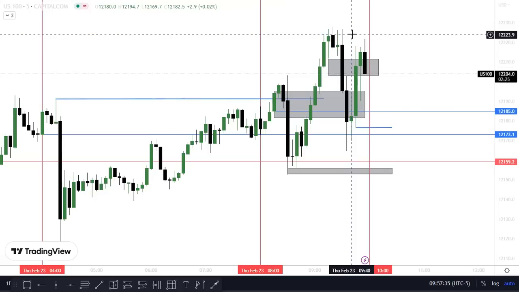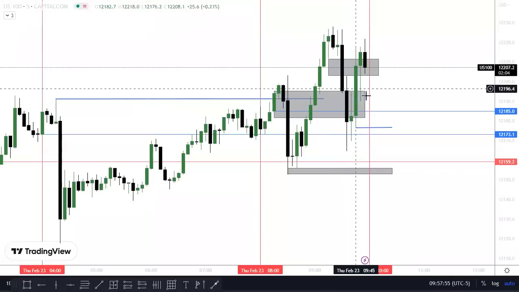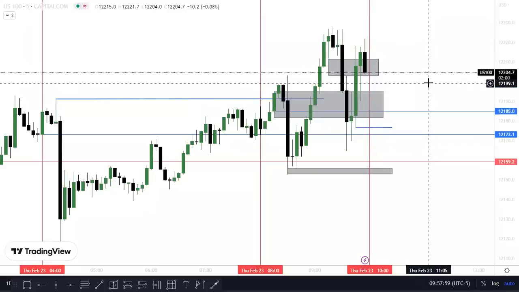If you don't see the ideal price action, just walk away, man. That is it. Or wait and watch. Let them do what they're doing.